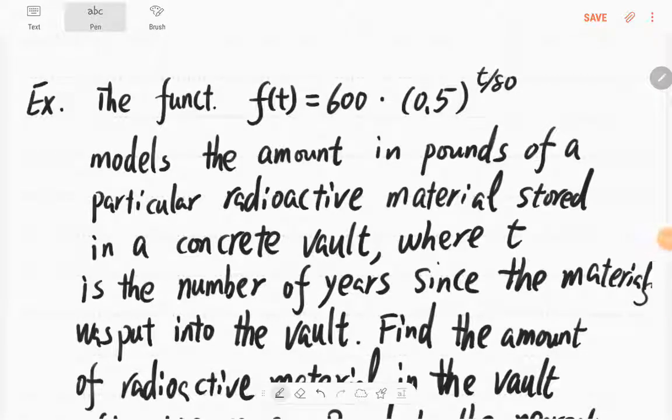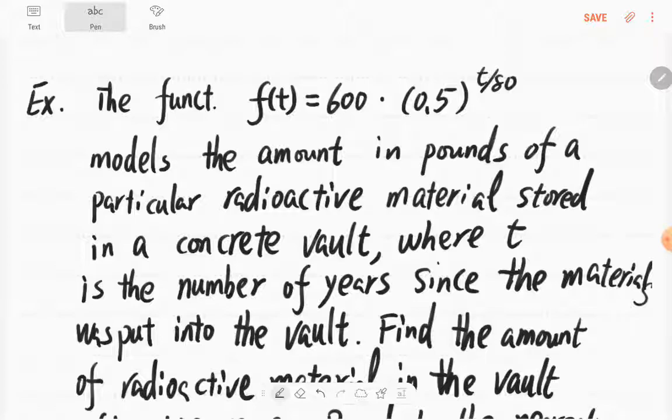Now let's look at this example. One application of the exponential function is called exponential increase, or exponential growth, or exponential decay. This is an example of exponential decay. Here the function f of x equals 600 times 0.5 to the power t over 80. So t over 80 is the power.